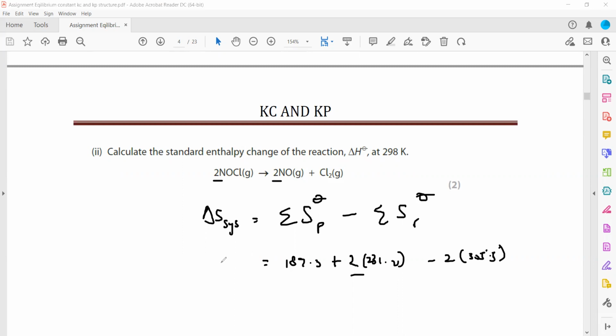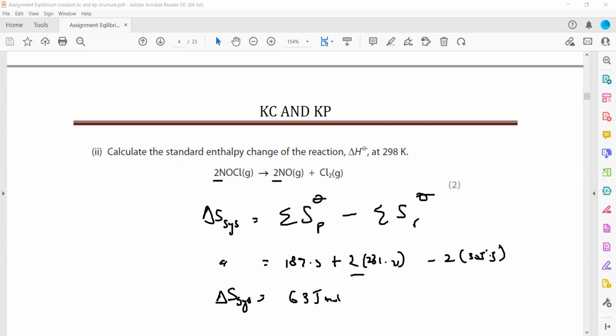So when we simplify, this will give us the total entropy change of the system, which is 40.7 joule per mole per Kelvin.